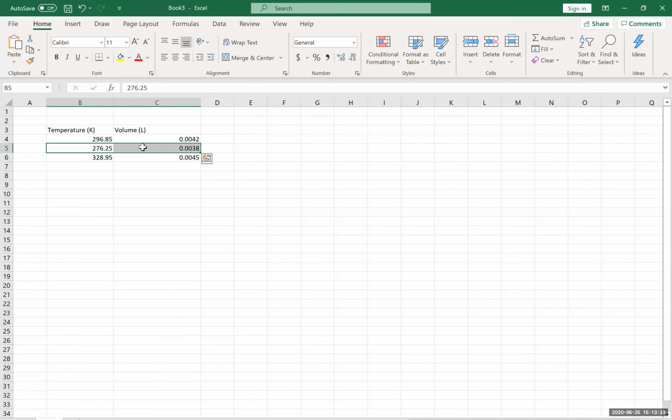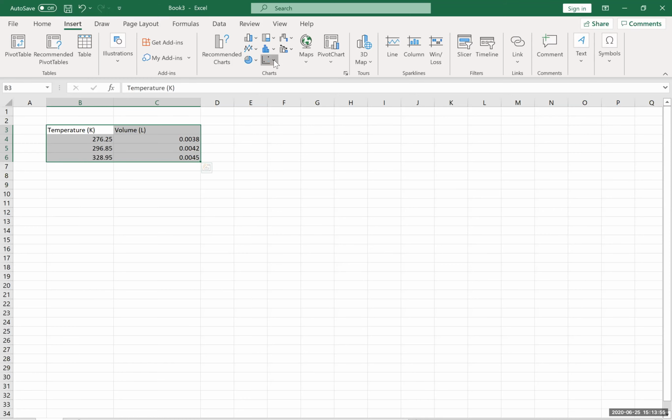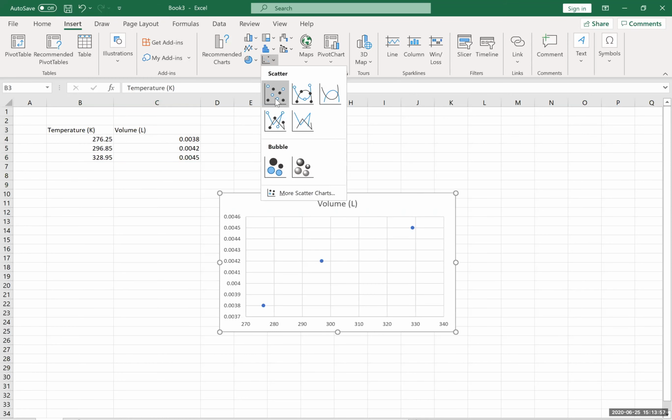And I'm just going to move the ordering around so that it's in ascending order. So we have temperature versus volume, and just like before, we're going to generate a graph. We're going to select both of our cells, hit insert, and insert a scatter plot.